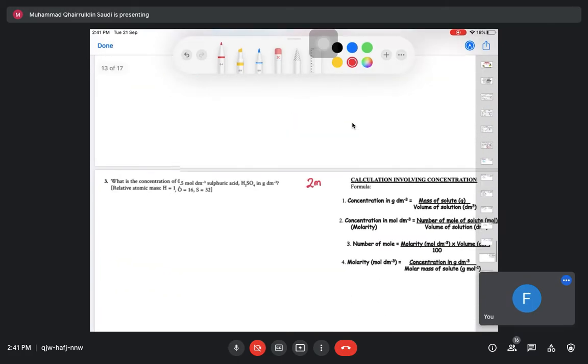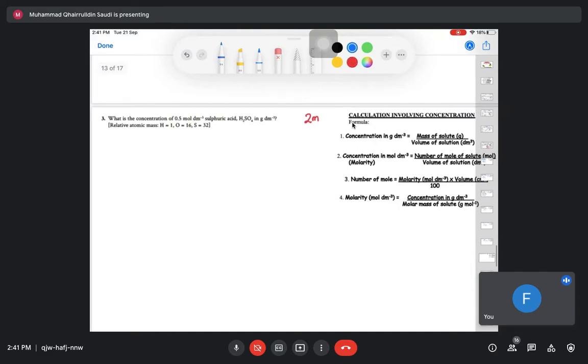Number 3. What is the concentration of 0.5 mole per dm cube of sulfuric acid in gram per dm cube? So which formula should we use? For good. Concentration in gram per dm cube. So the question wants in this form, so you have to change a little bit.